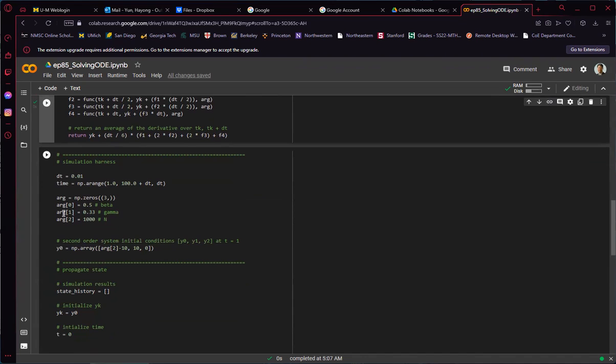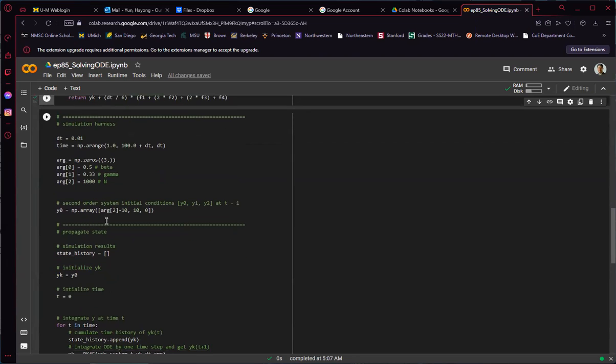The arguments being beta of 0.5, gamma, the recovery rate, of 1/3, and the population of 1,000. For y0, out of the 1,000, we subtract 10 and have the infected population being 10, so we have something to start with, and the recovered population is 0.